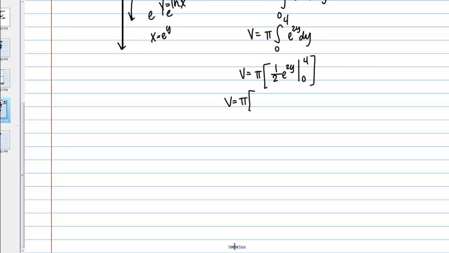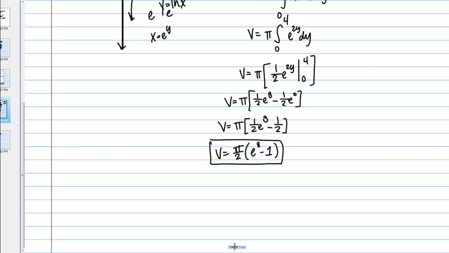So if I plug in 4, I get 1/2 e to the 8 minus 1/2 e to the 0. I'm not sure what e to the 8 is, but e to the 0 is 1, so this is just minus 1/2. Okay, so I could write this as pi over 2 times e to the 8 minus 1. And that's the volume of my solid of revolution in this case.